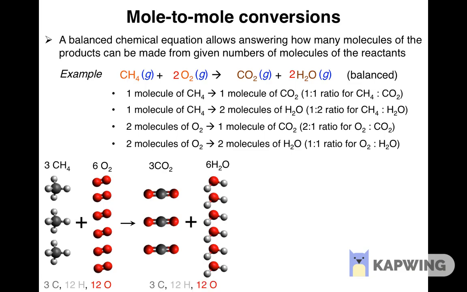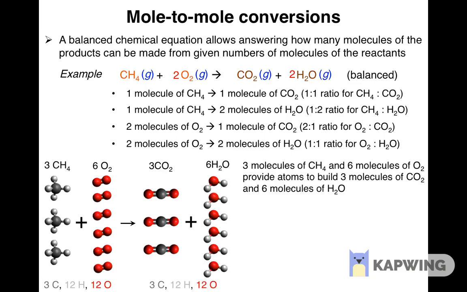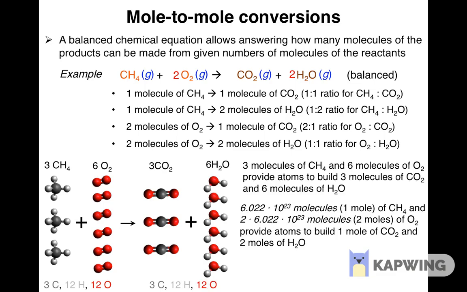If we were to burn 1 mole of methane with 2 moles of oxygen, we would make 1 mole of carbon dioxide and 2 moles of water, and so on. Thus, we can always say how many molecules or moles of each product we can make from a given number of molecules or moles of reactants.